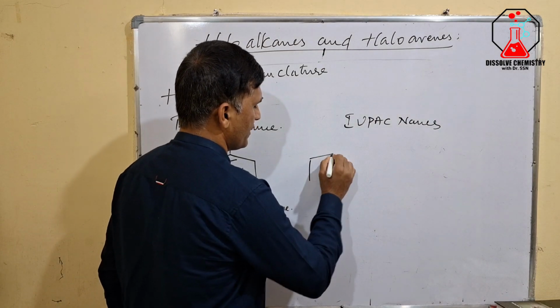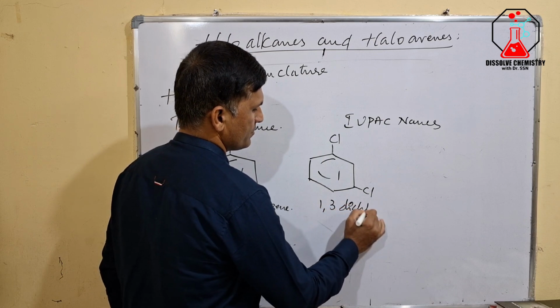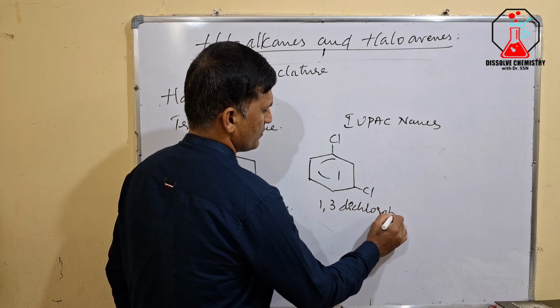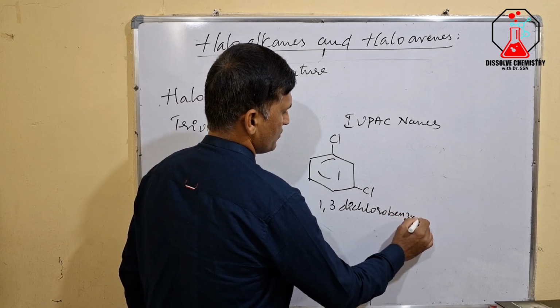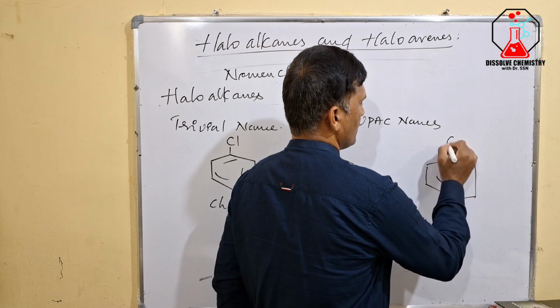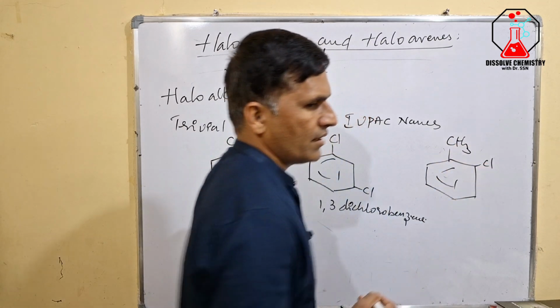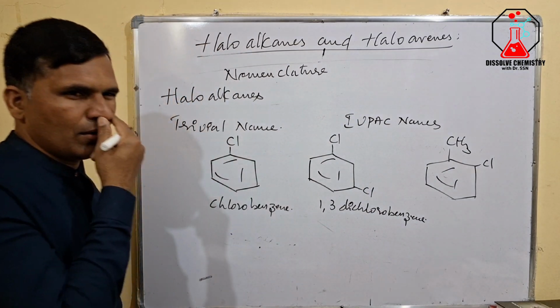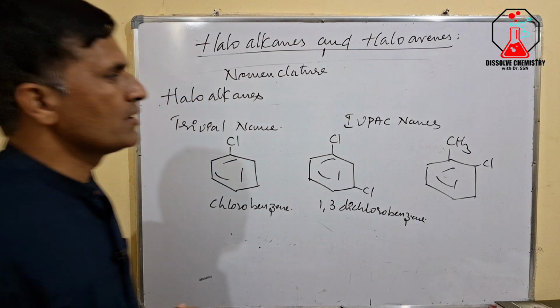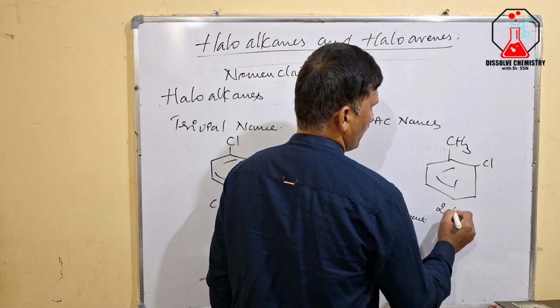Similarly, you can take 1,3-dichlorobenzene. And you can take another example, CH3 with Cl on the ring. Let us assign the position of the halo group with respect to the methyl group. So we call it 2-chlorotoluene.